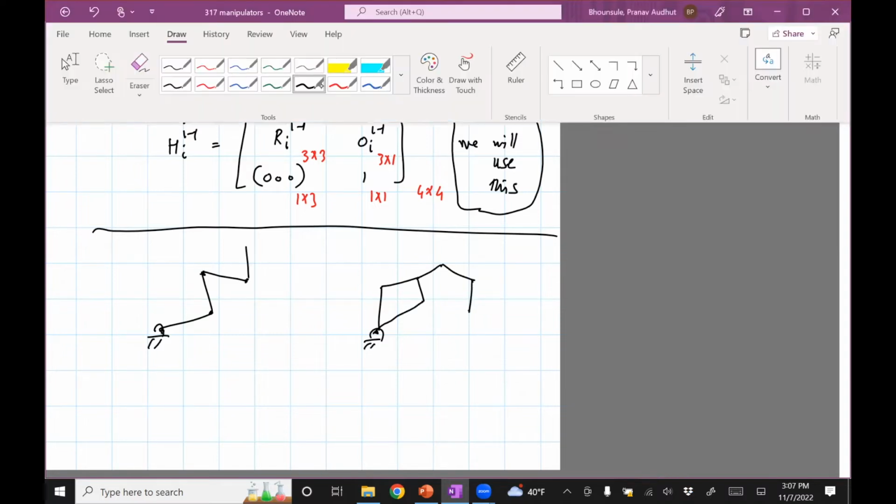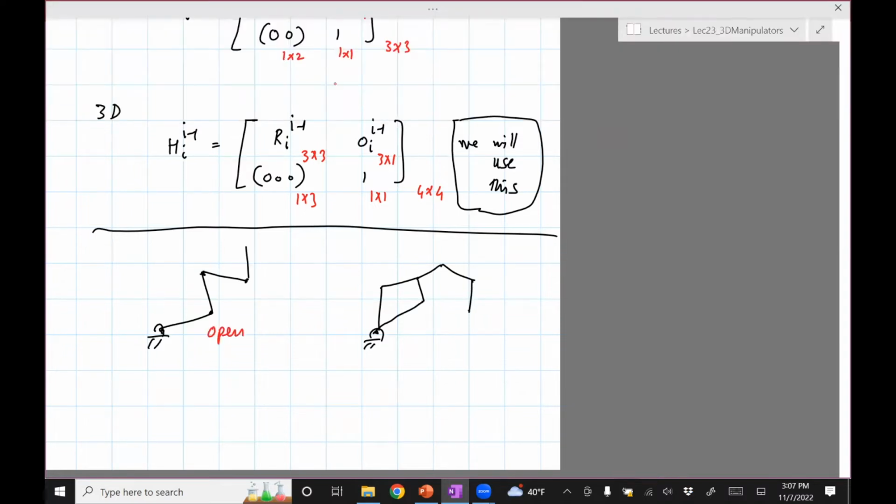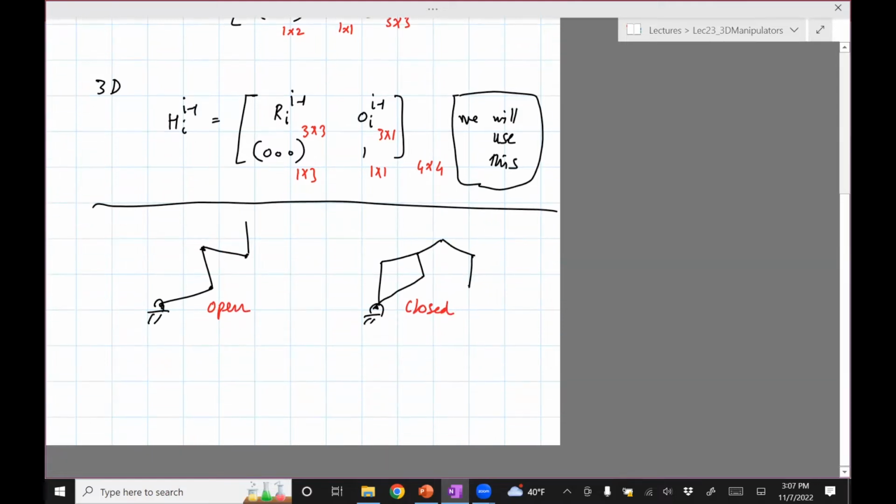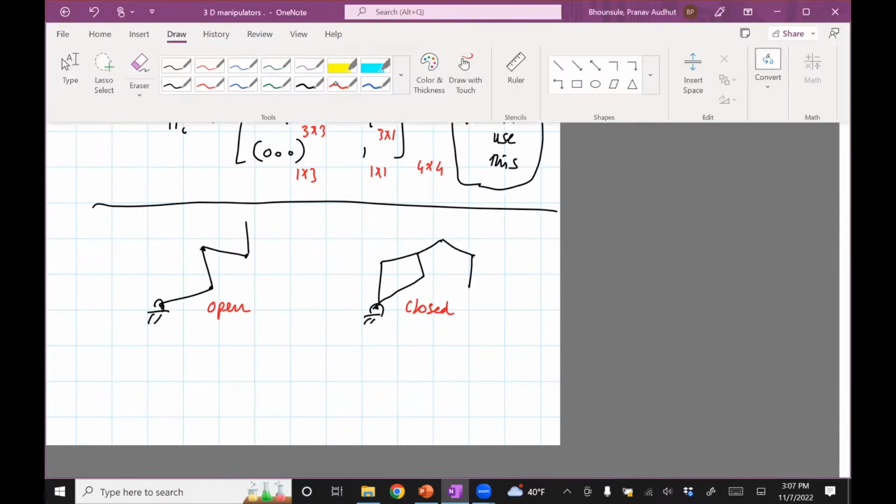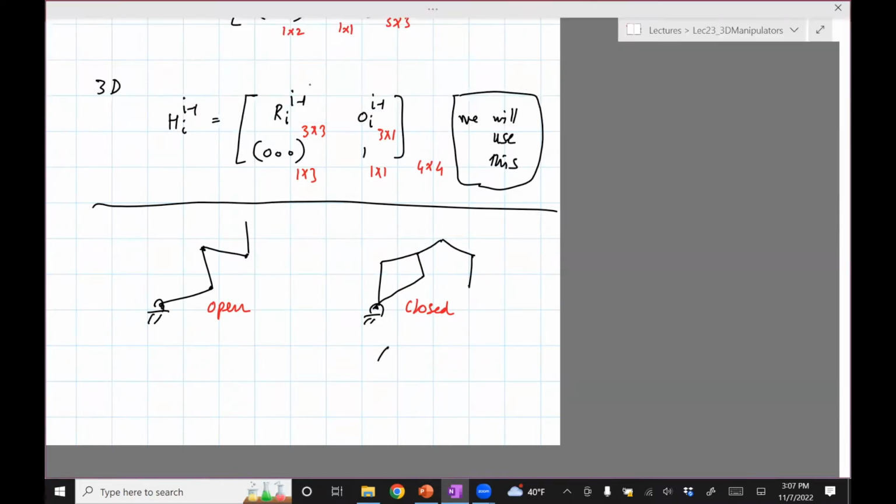The difference being that this is open and this is a closed chain. So there's at least one loop joint. The kinematics of closed chains are much harder than open loop joints, and we'll only look at the open link manipulators, not closed chains in this course.